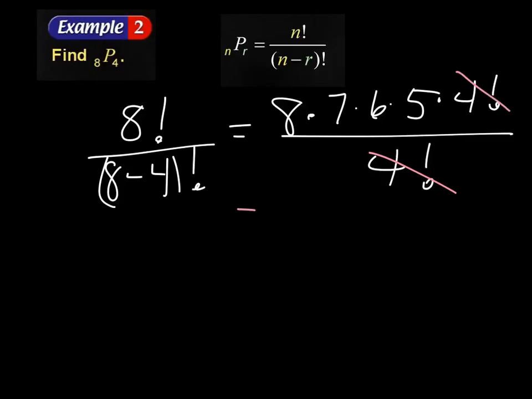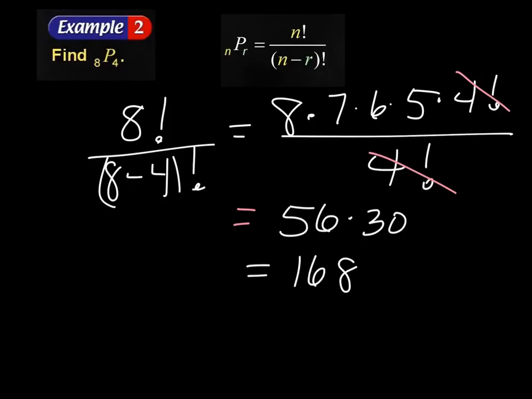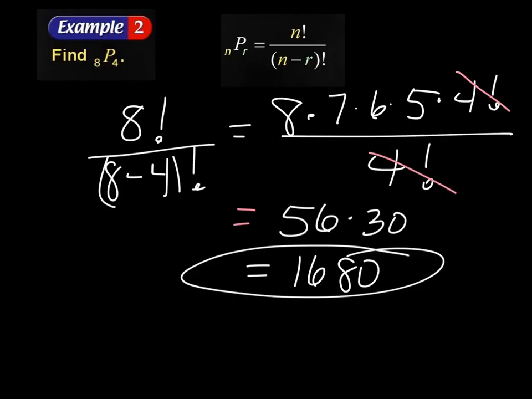So what I have left is 7 times 8, which is 56, times 6 times 5 is 30, which gives me a product of 1,680 ways that you could pick 8 things 4 at a time. I don't think we want to try to make a tree diagram for that.